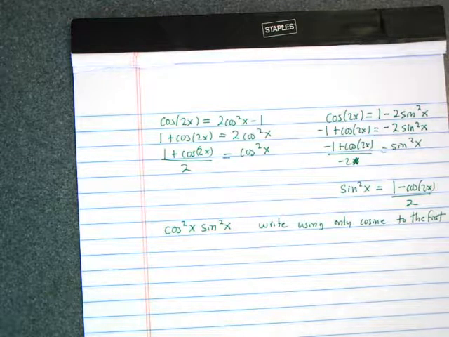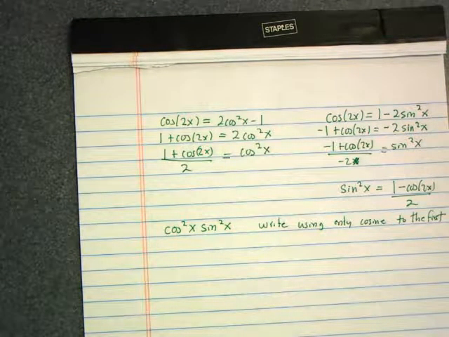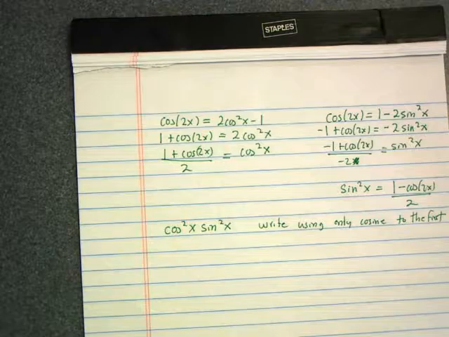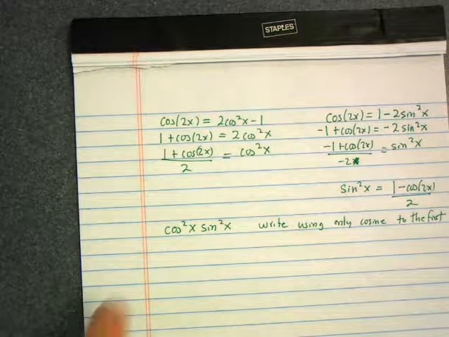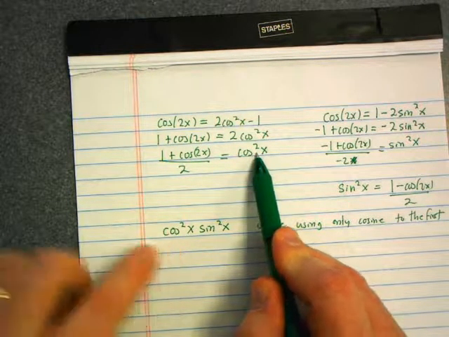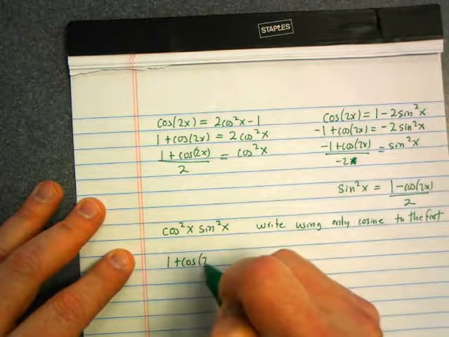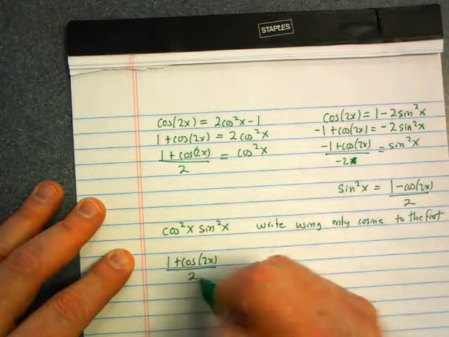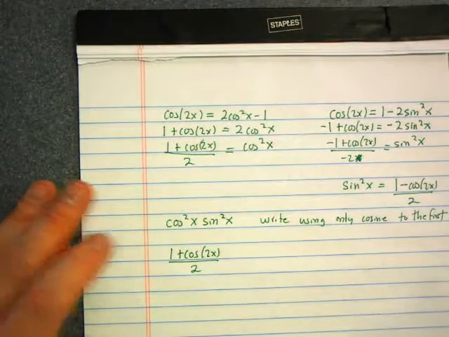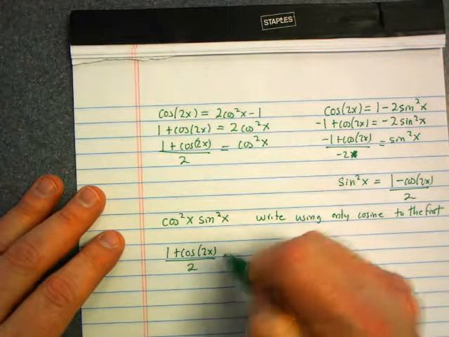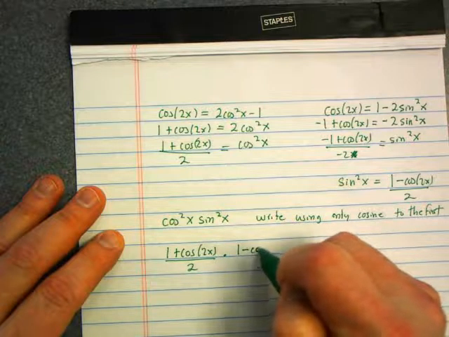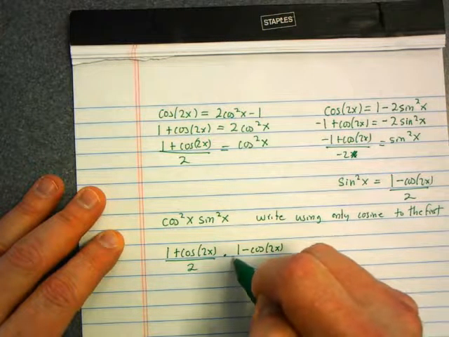So in other words, what we want to do is reduce our powers. So I use my power reducing formulas. Cosine squared x is 1 plus cosine of 2x all over 2. And sine squared x is 1 minus cosine of 2x all over 2.